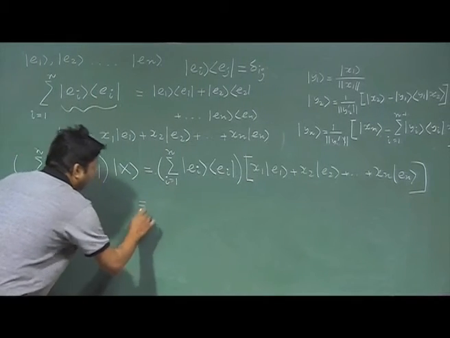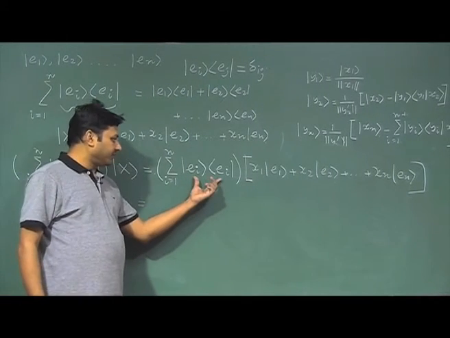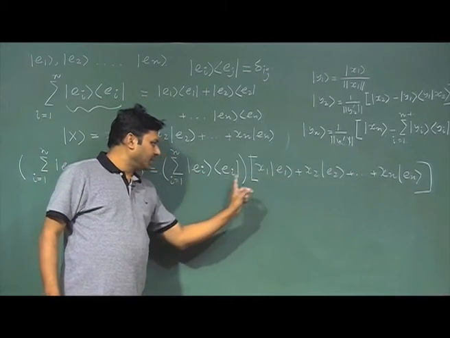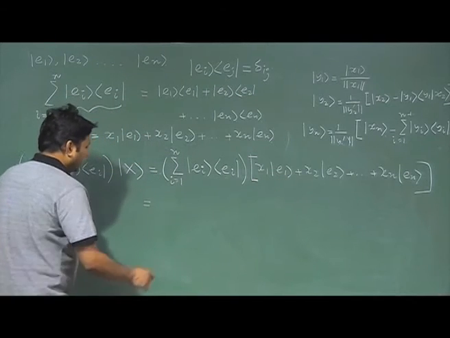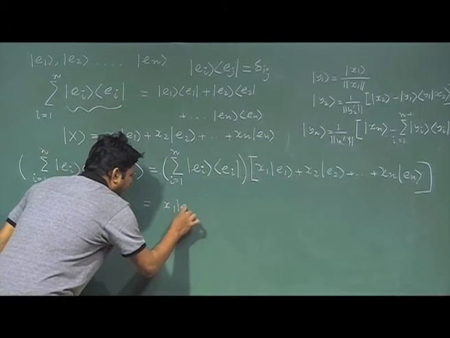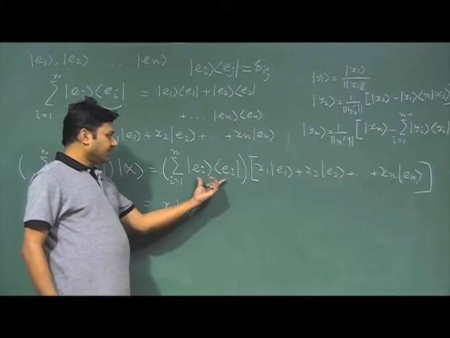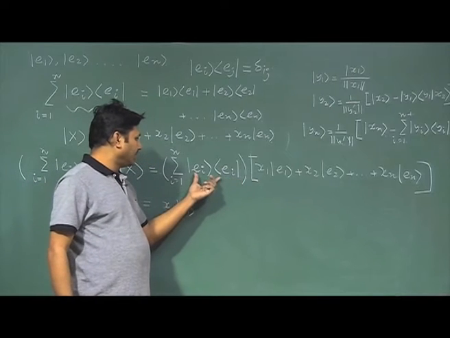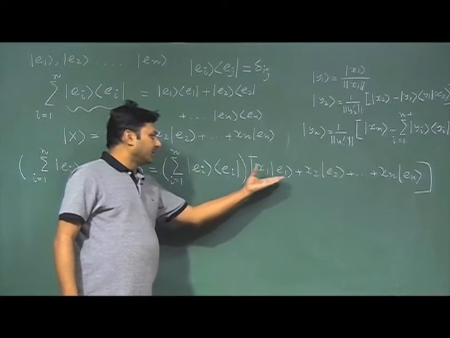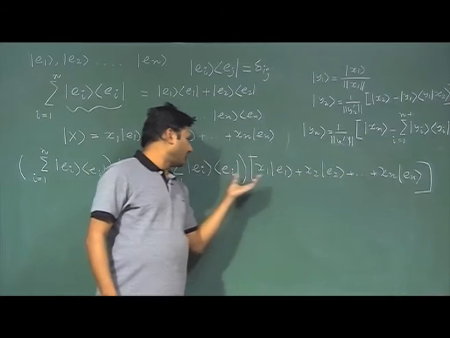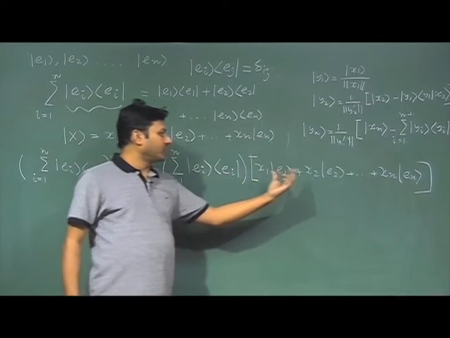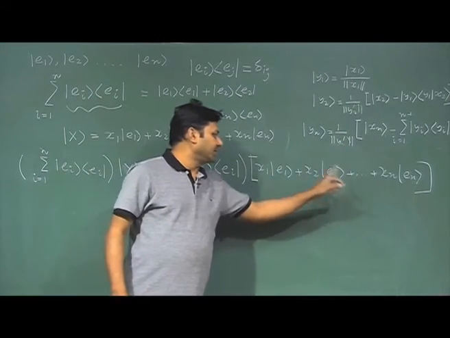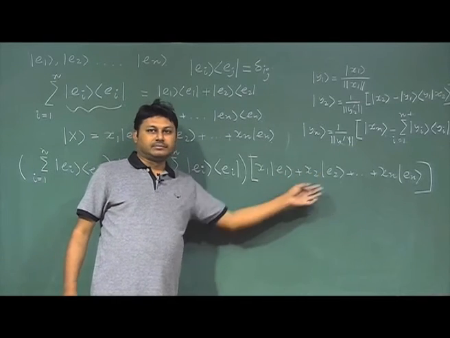Term by term, if I look, my first term will be I, and it operates over the first term. So, I and I will give 1, so the first term will be this. For the second term, if it is 1, then it operates over this and this and this, and the 2 and 1 cancel out, and 3 and 1 cancel out. So, all the other terms are going to vanish.